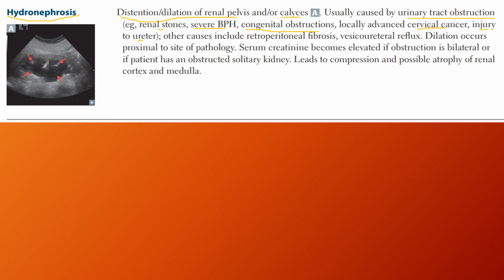Other causes include retroperitoneal fibrosis and vesicoureteral reflux. Dilation occurs proximal to the site of pathology. It means if here is the obstruction, here will be distension or accumulation of the fluid.